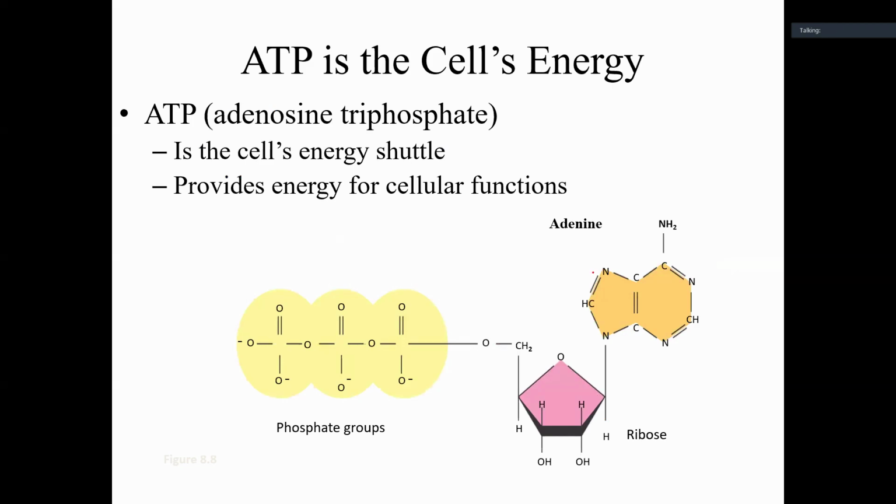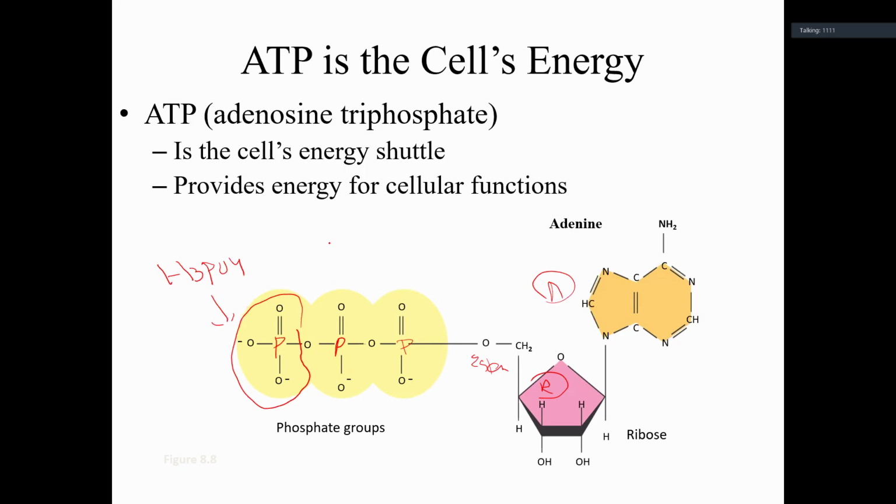So this is adenine, this is ribose, and this is an ester bond, esterification with one phosphate, with another phosphate, and with another phosphate. And the phosphate which is present here is in the form of H3PO4, basically phosphoric acid.